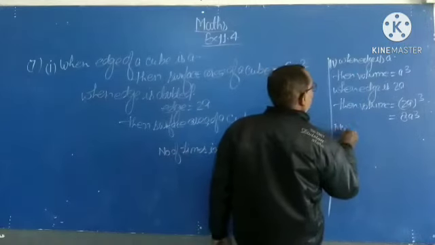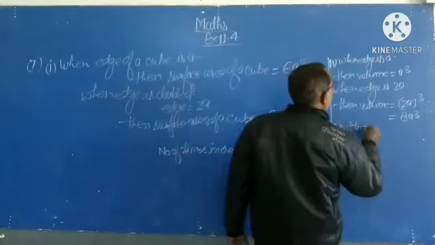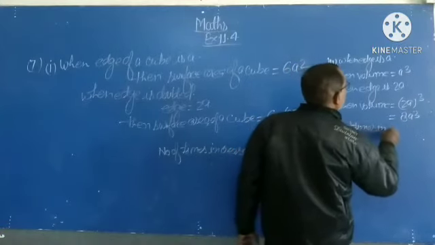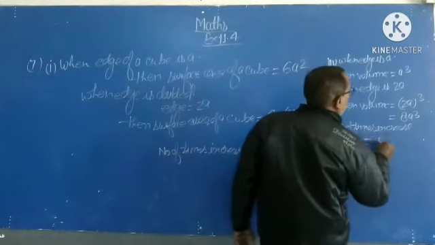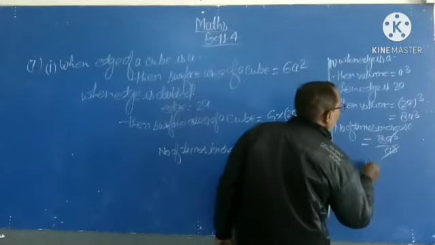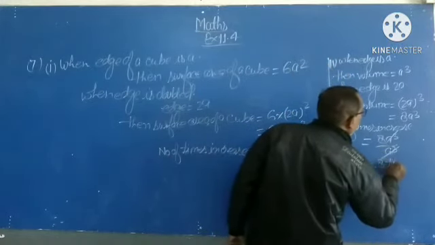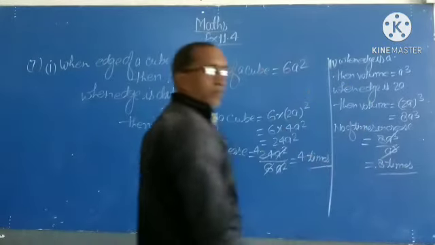Then number of times increase is equal to 8A cube upon A cube. A cube is cancelled here. You write 8 times. This is your second answer.